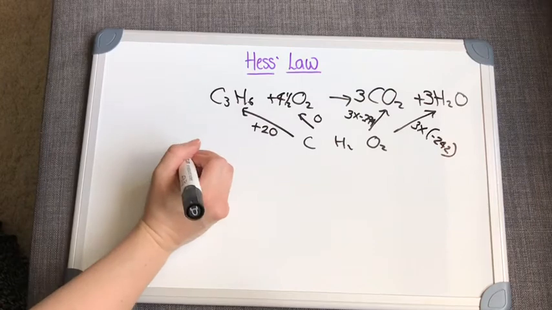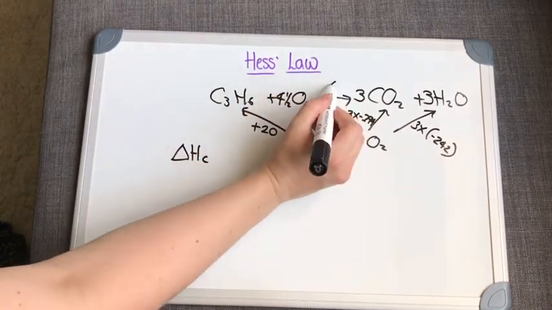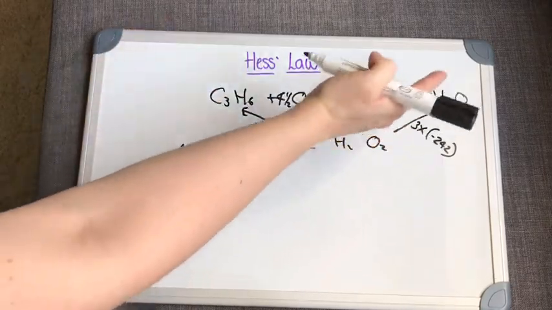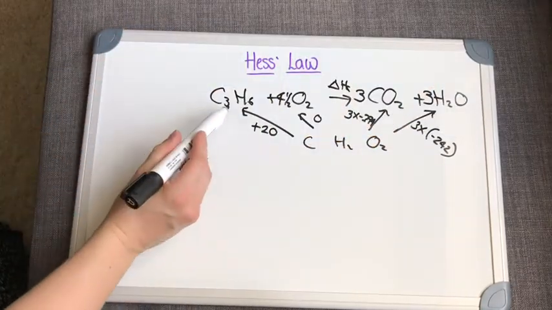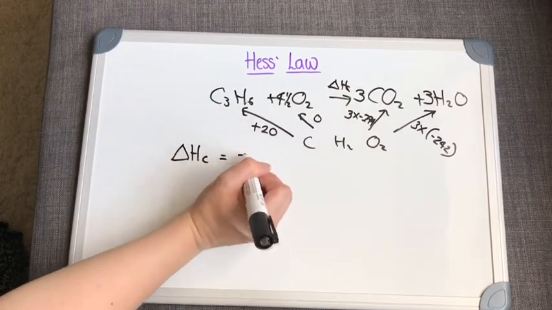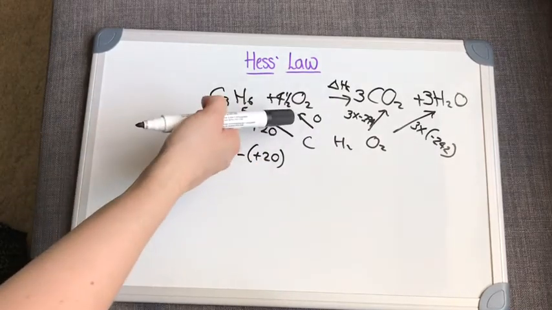Okay, so when I'm working out my enthalpy change of combustion across the top here, I'm going this way around the cycle. So I'm going the wrong way along this arrow, so I need to change that sign. The 0 is irrelevant.